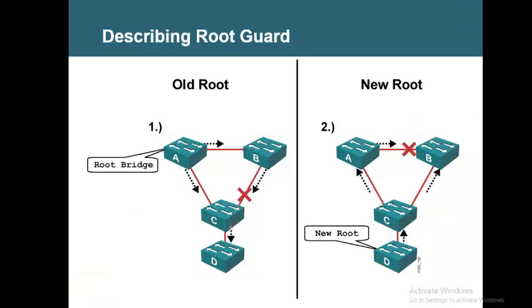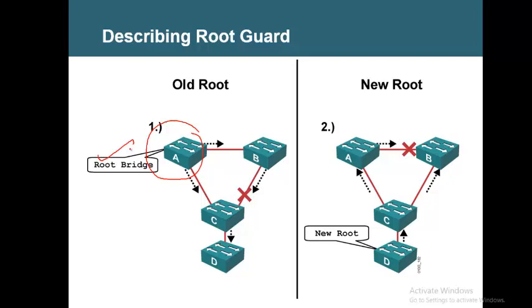We want this switch to be guarded so that it will continue to be root, whatever comes. We want A to always remain a root switch, whatever superior BPDU is received. Even if another switch sends a better priority, we do not want the other switch to become the root switch.